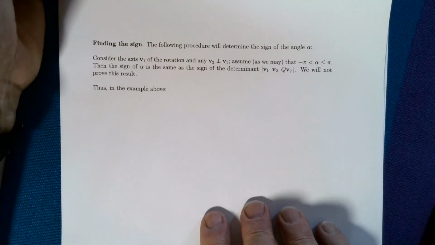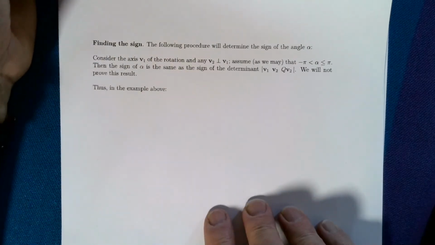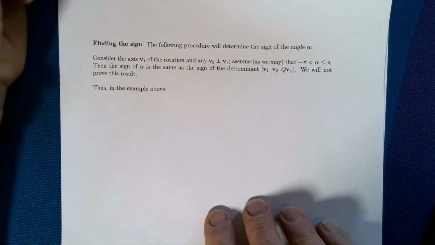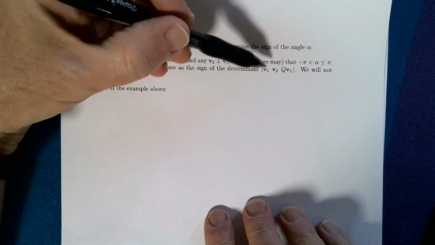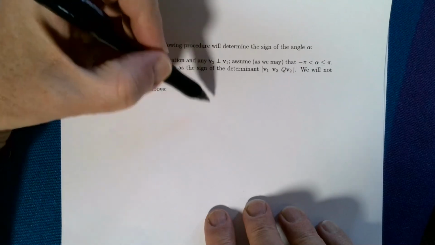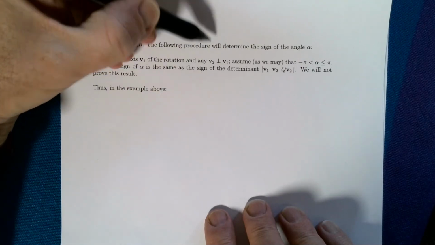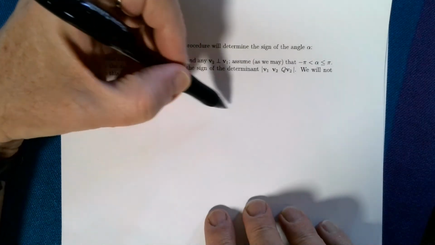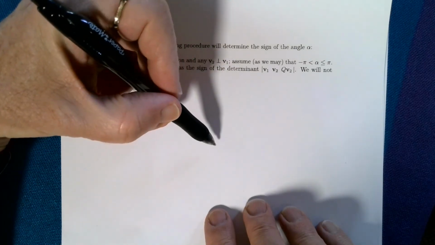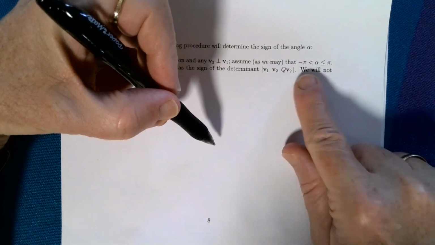Now I'm not going to give a full proof of this, just a justification for it. This determinant is measuring the signed volume of a parallelepiped spanned by these three vectors. So if you start off with one vector V1, you take a perpendicular vector to that V2, and then you rotate that through an angle alpha. We're not sure whether it's positive or negative.